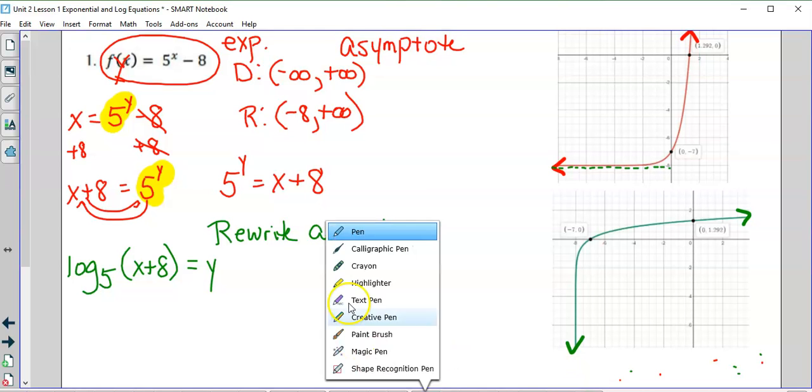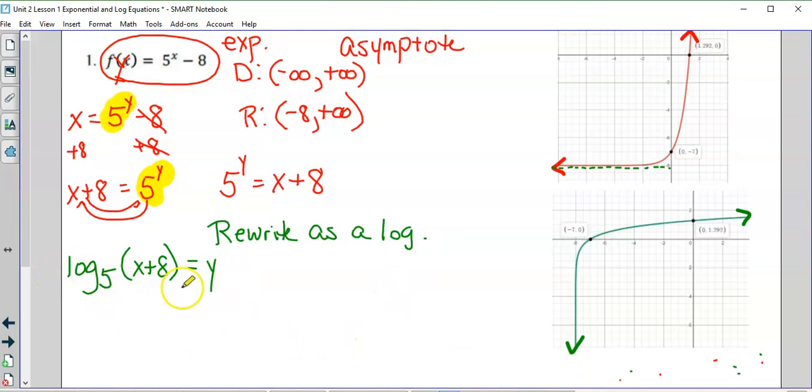Okay, so let me talk about the parts again. So the 5 is the base. That goes there. The x plus 8 goes here in parentheses. And then the exponent, which is right there, goes over here. So we just did exactly the same thing we were doing with just numbers a while ago. And well, just one variable a while ago.